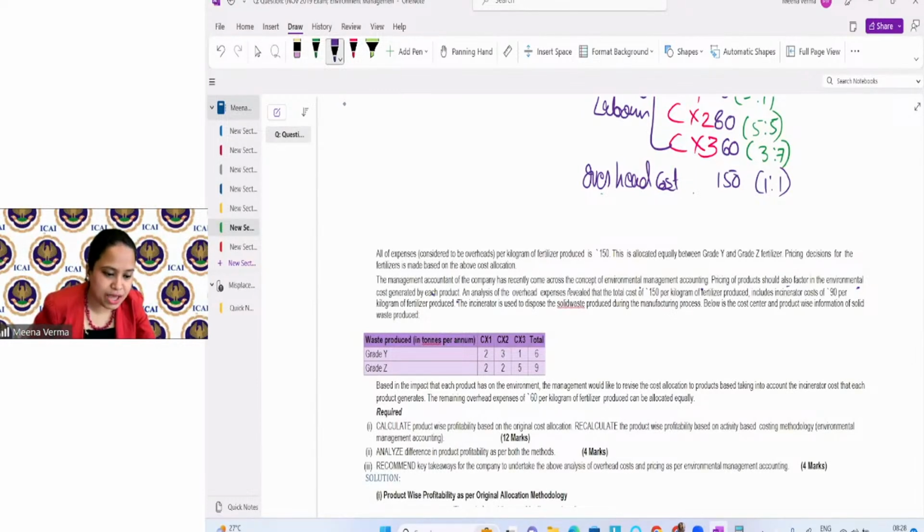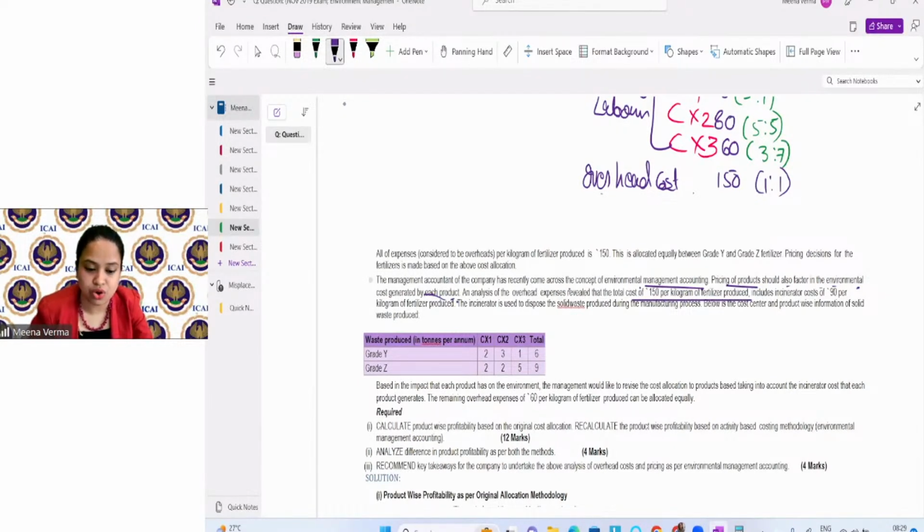Okay, what else? The management accountant of the company has recently come across environmental management accounting. The pricing of the product should also factor in environmental cost generated by each product. An analysis of the overhead expenses reveals that the total cost is rupees 150 per kg of fertilizer produced.